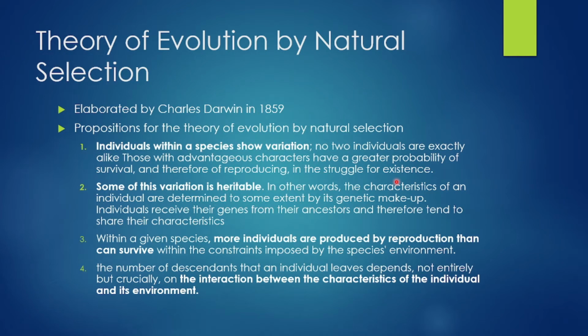Number three, within a given species, more individuals are produced by reproduction than can survive within the constraints imposed by the species' environment. So this means that there are several organisms that produce up to thousands of offspring in their entire lifespan or life cycle.